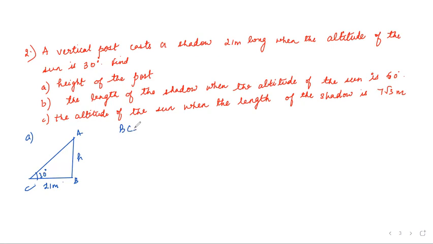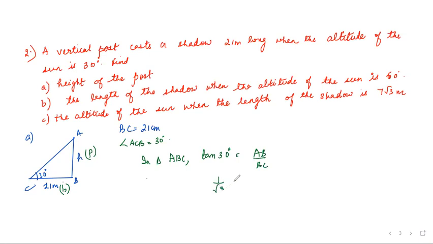So we have BC is 21 meter and angle ACB is 30 degree. Since we need to find H, this is our perpendicular and this is our base. So we need to consider the trigonometric ratio in which we have P and B. So let us consider tan. In triangle ABC, tan 30 degree is equal to AB by BC.